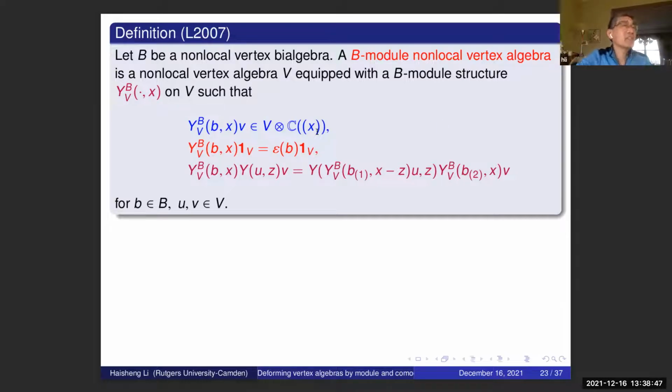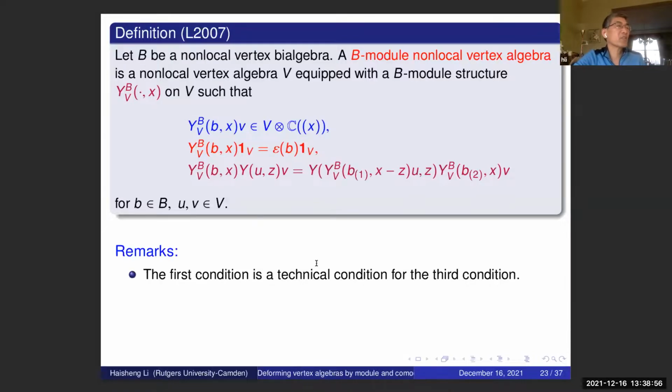So here are three conditions. The blue one we'll mention is a technical condition. The first one is a technical condition also for the third one, because you want to make sure the right side makes sense. So here is the V tensor this Laurent series field. This tensor means finite sum. If we don't have this finite sum, we cannot make the third relation make sense.